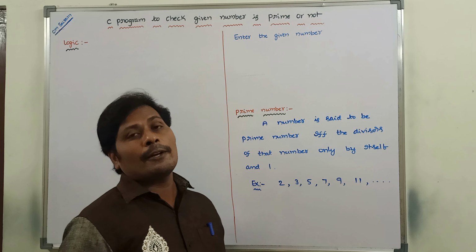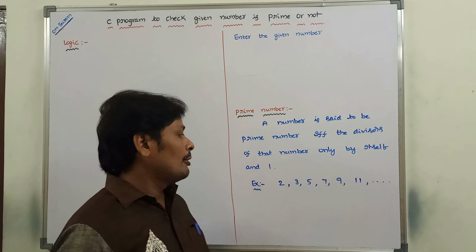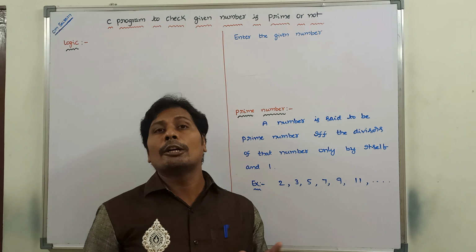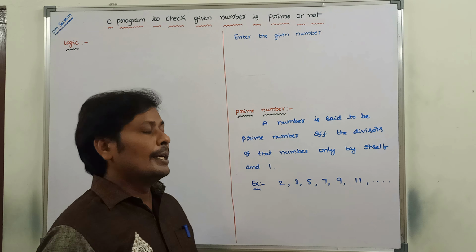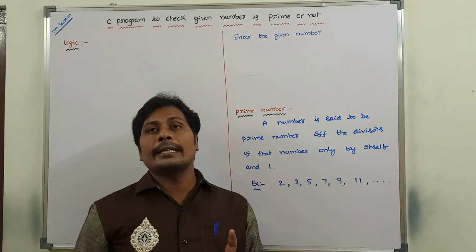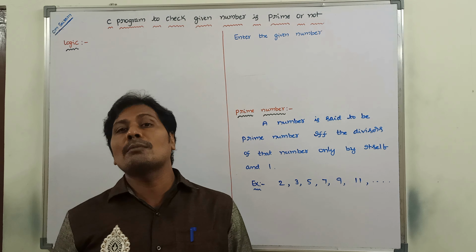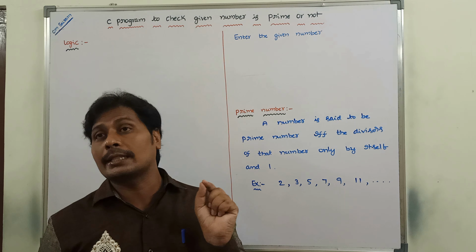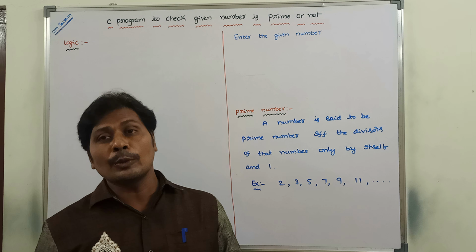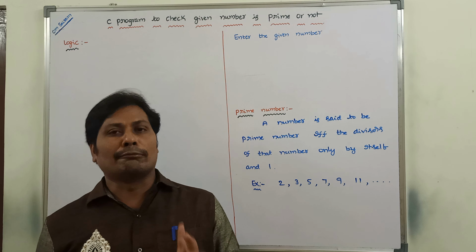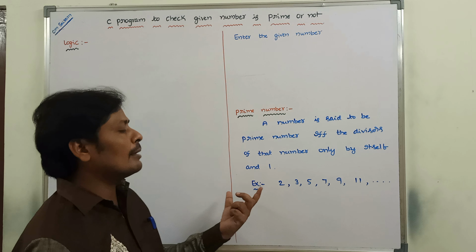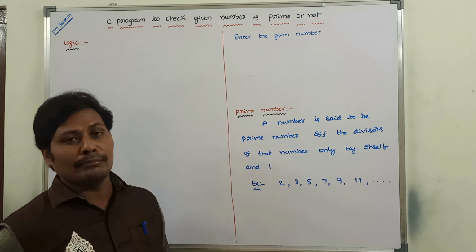What are the divisors of 5? 1 and 5. What are the divisors of 11? 1 and 11. So we can say that for any prime number, the divisors of that number are the same number and 1, then that number is called a prime number.